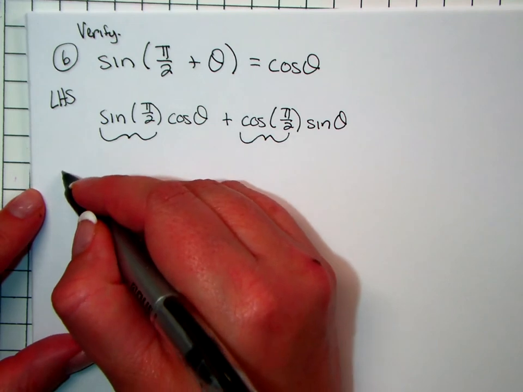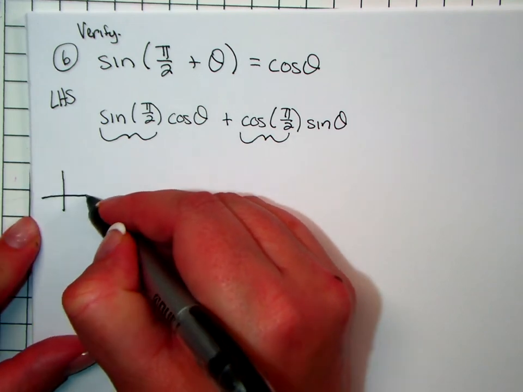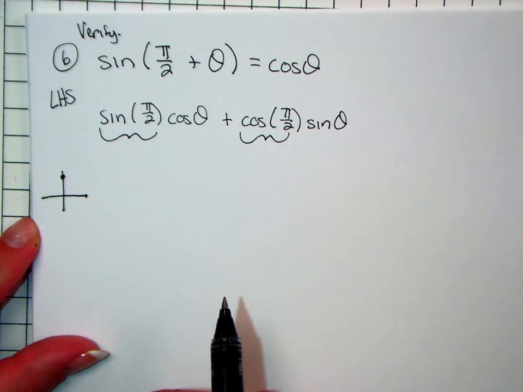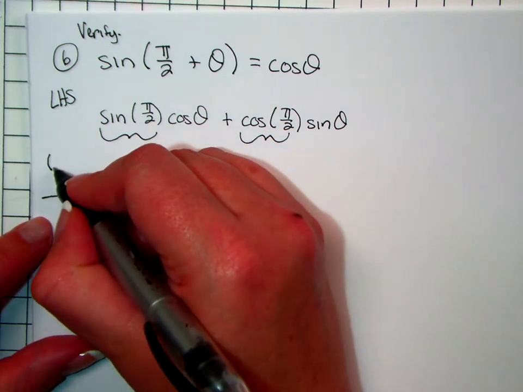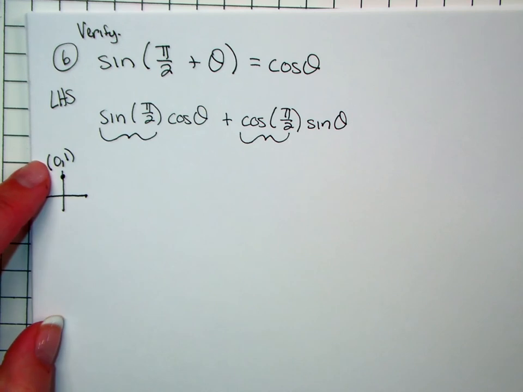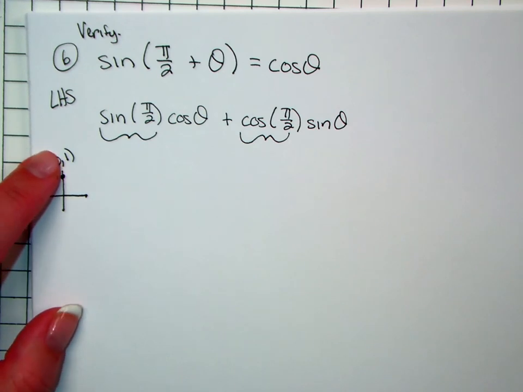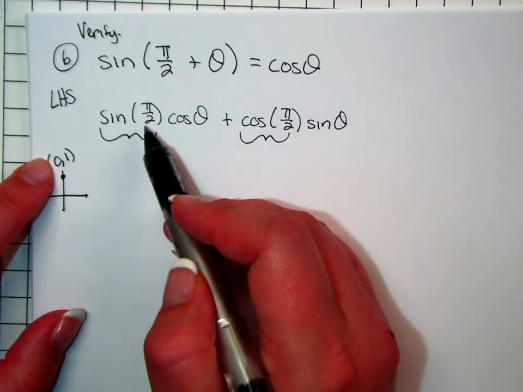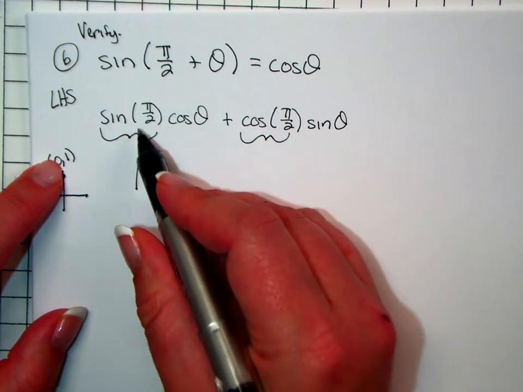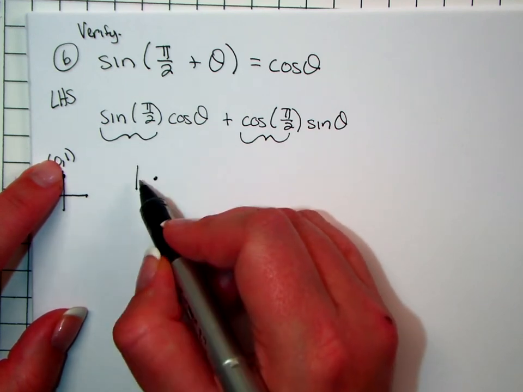So if I were to draw, again, a unit circle, pi over 2 is at 90 degrees, and the point on the unit circle for 90 degrees is 0, 1. The cosine is the x-coordinate, the sine is the y-coordinate. So sine of pi over 2 is the y-coordinate, which is 1, and we replace it.